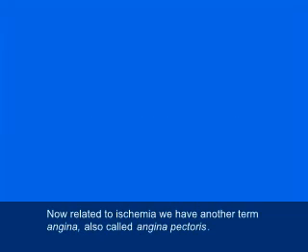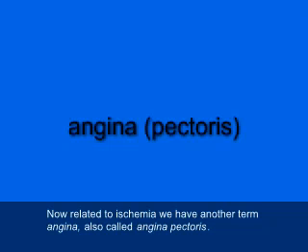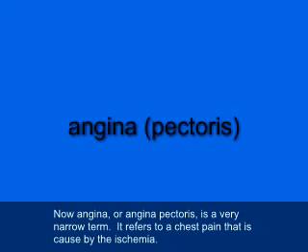Now, related to ischemia, we have another term, angina, also called angina pectoris. Now, angina or angina pectoris is a very narrow term. It refers to a chest pain that is caused by the ischemia. And again, what's ischemia mean?